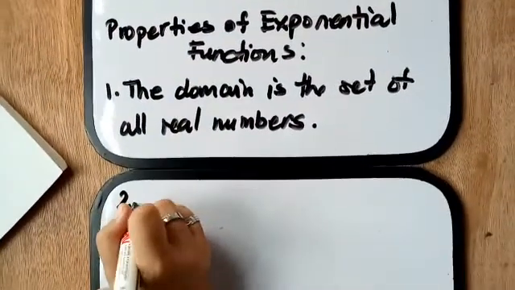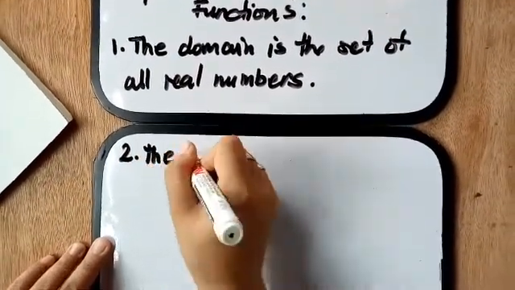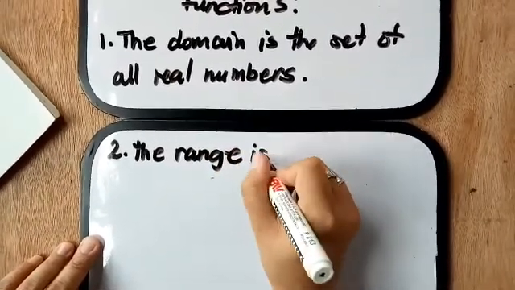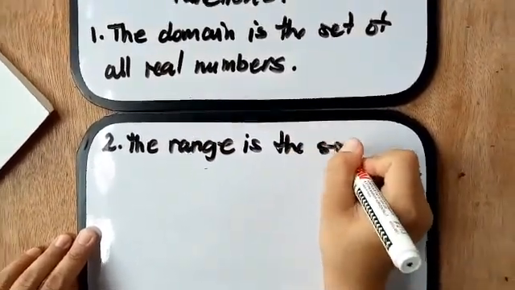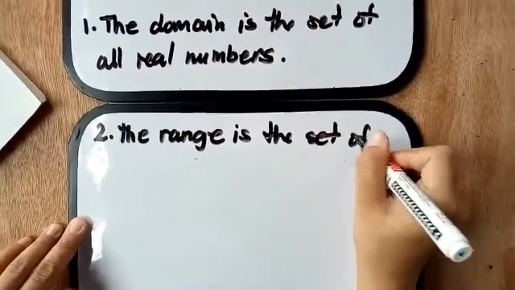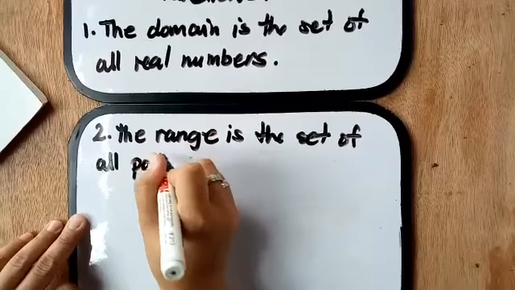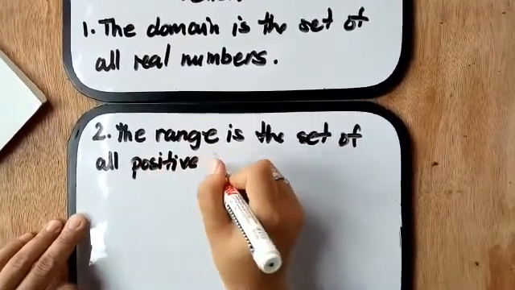Number 2, the range is the set of all positive real numbers.